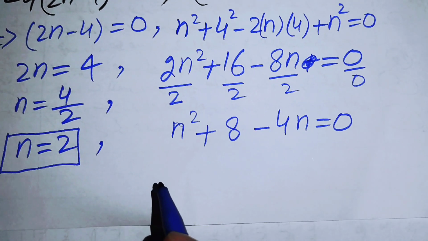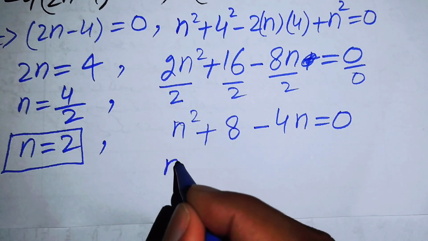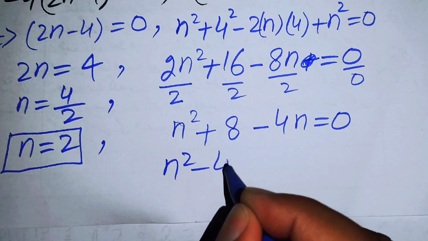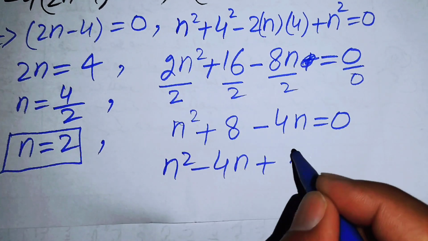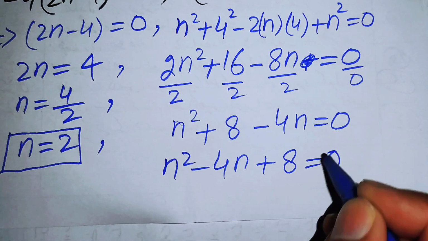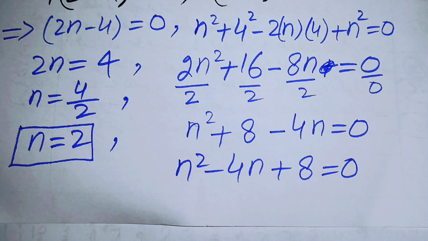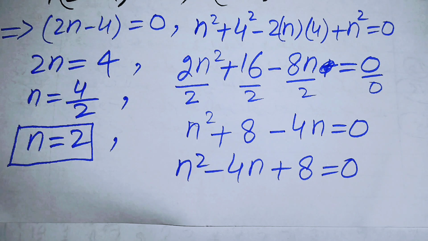And now we rearrange the terms, and you get n squared minus 4n plus 8 is equal to 0. So this equation becomes a quadratic equation in terms of n. So now we solve this quadratic equation by using the quadratic formula.